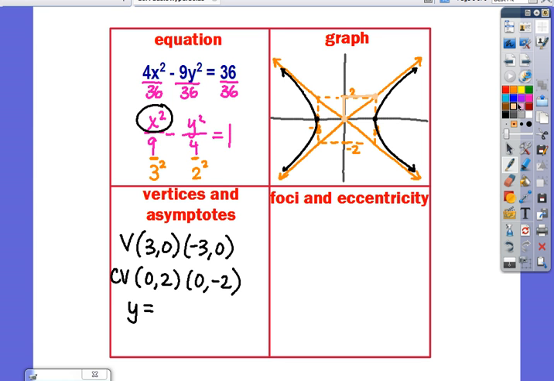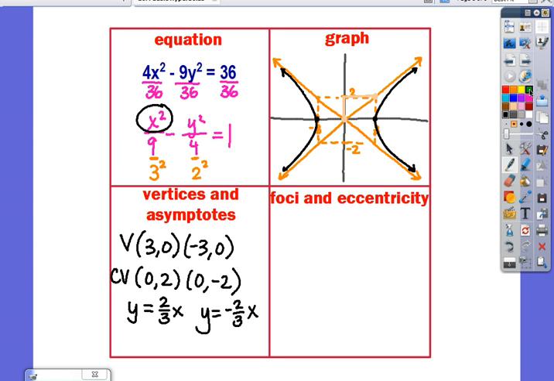So I'm going to go with the slope is 2/3, and the y-intercept plus 0. So that's this first one. And then the second one just has a slope of down 2 over 3, so negative 2/3 x. So these are two equations for the lines that are the asymptotes of the graph.